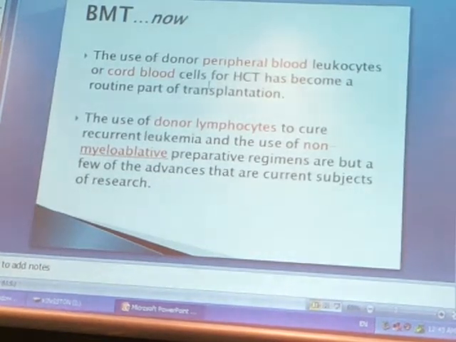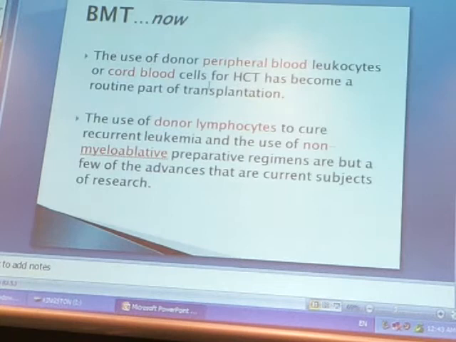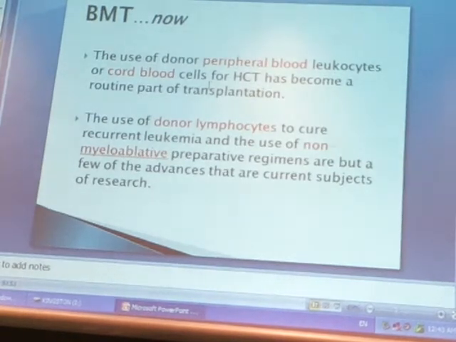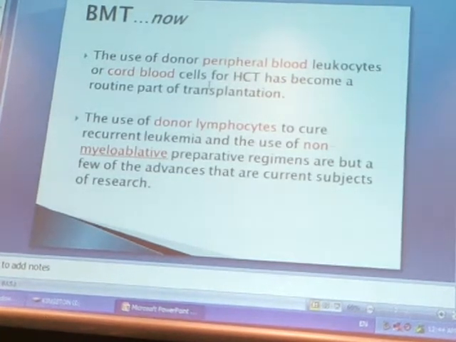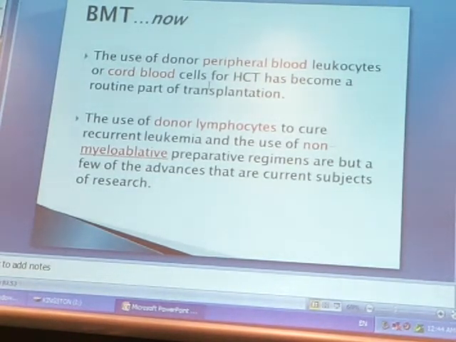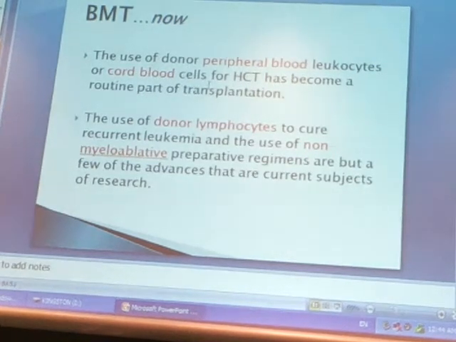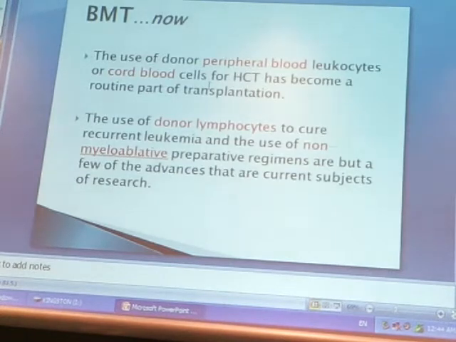Okay, what's the idea of bone marrow transplant? Does anybody know? The idea is replacing the diseased bone marrow with a new bone marrow. Just take out the bone marrow of the patient, which in malignant conditions like leukemias, myelodysplastic syndrome, is diseased, right?